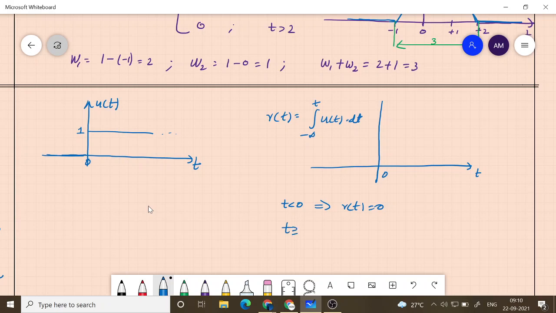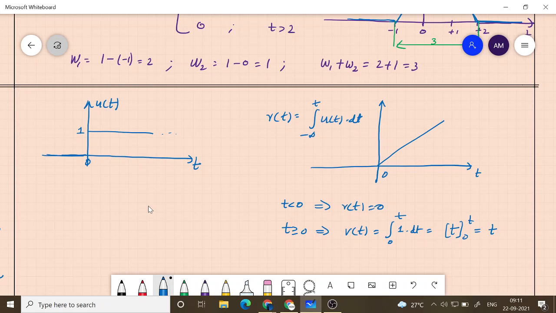For t greater than or equal to 0, r of t can be written as the integral from 0 to t of 1 dt. If I integrate 1, I will get t, and I put the limits 0 to t, so it's t. So r of t, if I plot, is equal to t.